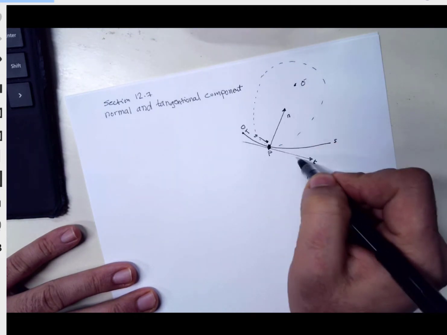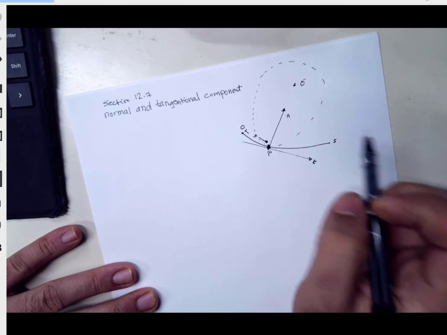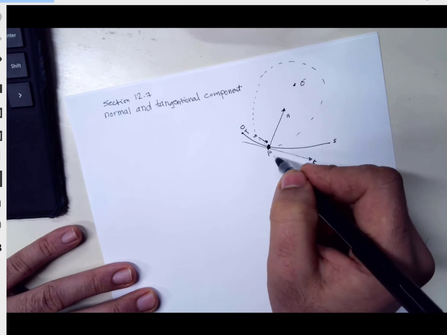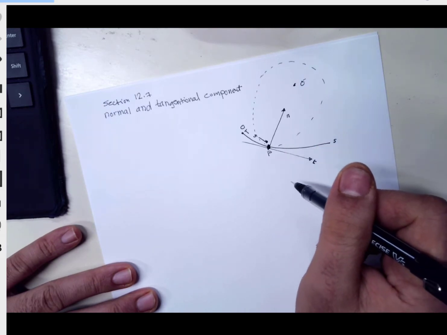Having these two orthogonal axes moving with the particle P will help us decompose the velocity and acceleration along these two axes.